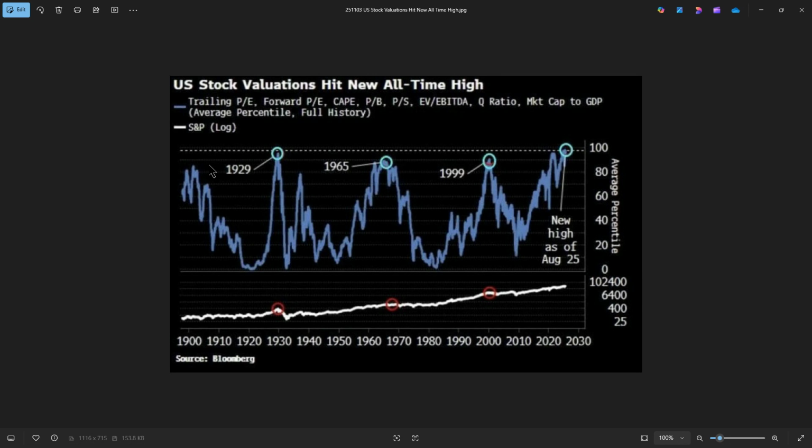And obviously, when we've reached this kind of area in 1906, 1929, 1965, 1999, we've usually made a big top and then gone into a consolidation. We've often lost 50 percent or more of the value of the market, but you've gone into a consolidation which has basically lasted 5 to 15 years, and then started on the way up again.